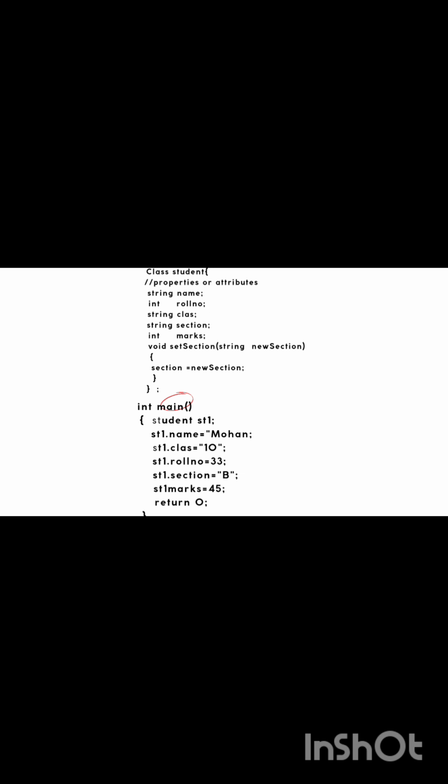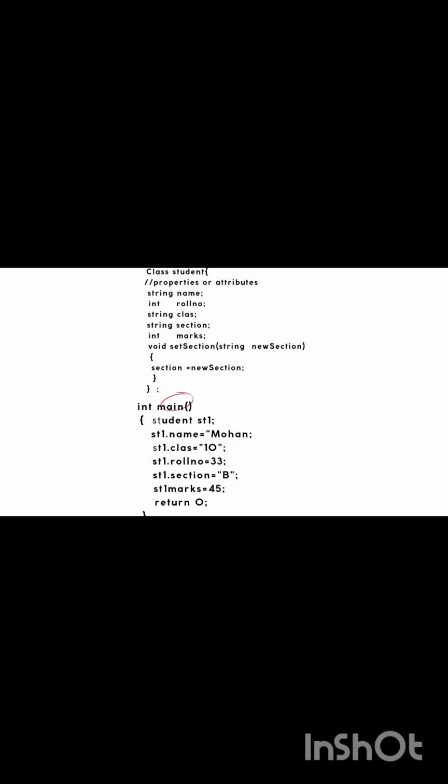So we write the name of the class, that is student here, and then st1 as an object of this class. Now st1.name is given an arbitrary value, that is Mohan.